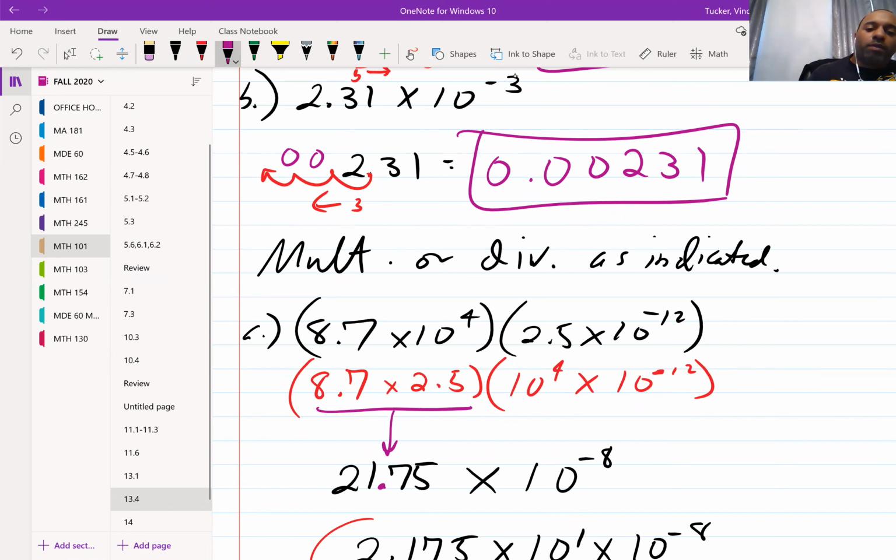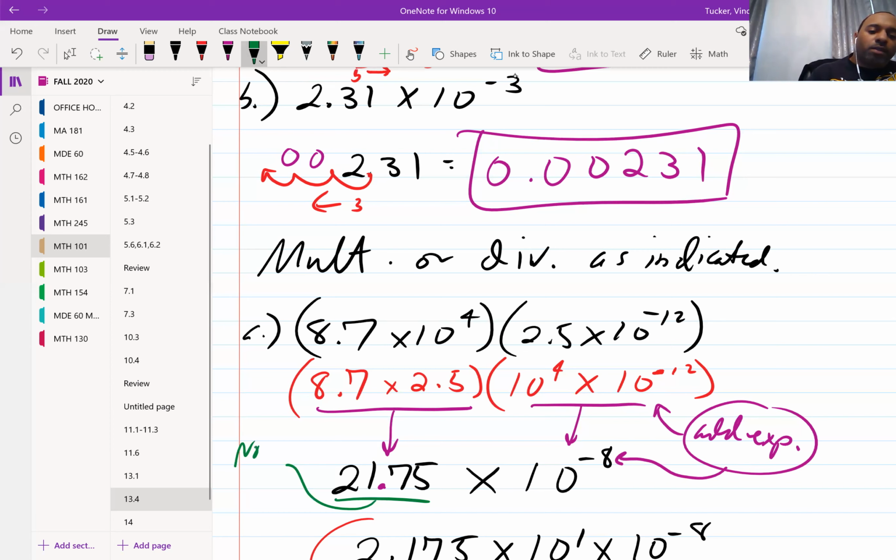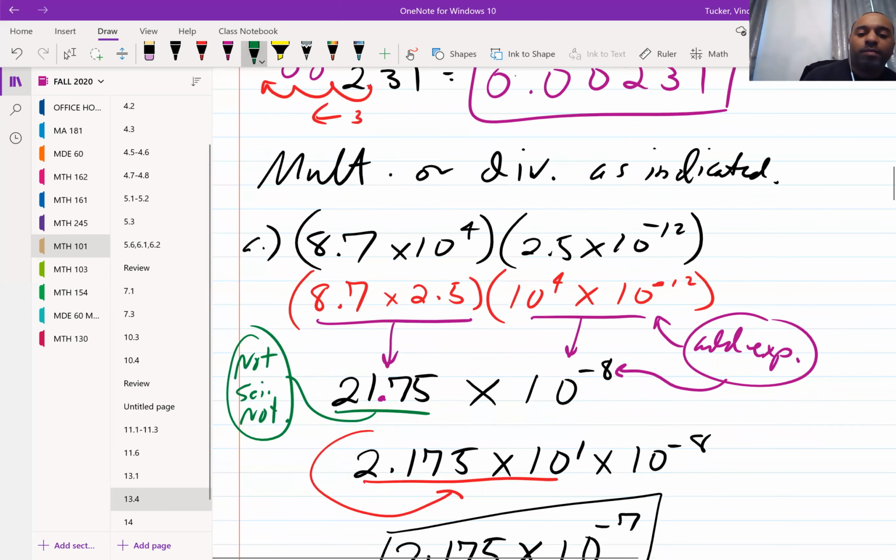Now, this answer is not in scientific notation, because remember that 21.75 is supposed to be in between 1 and 10. So what we're going to do is move our decimal one place to the left. So that'd be 2.175.